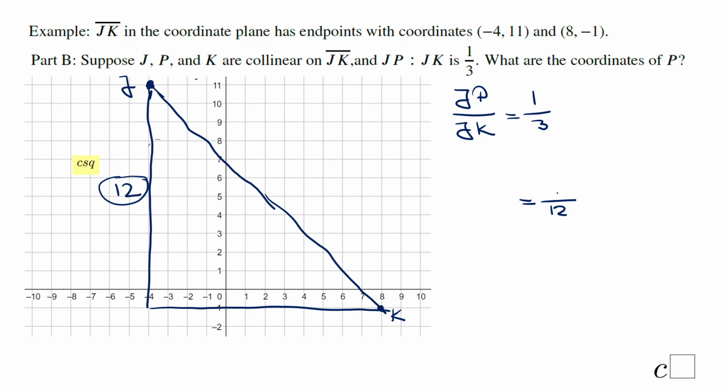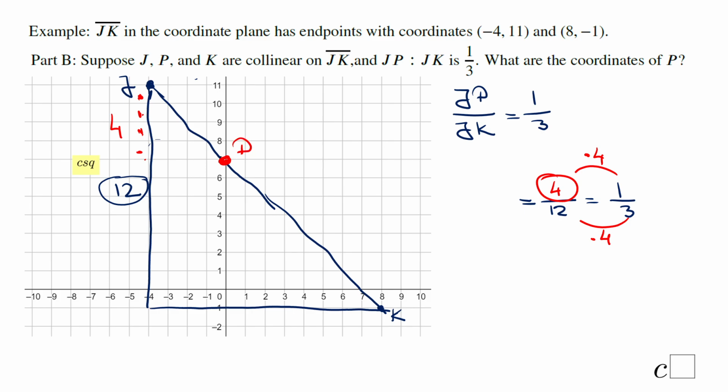What divided by 12 is 1 over 3? 3 times 4 is 12, so 1 times 4 is going to be 4. This is the 4 we're looking for. 1, 2, 3, 4. This is the point P.